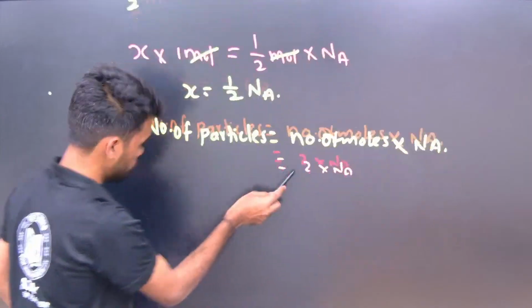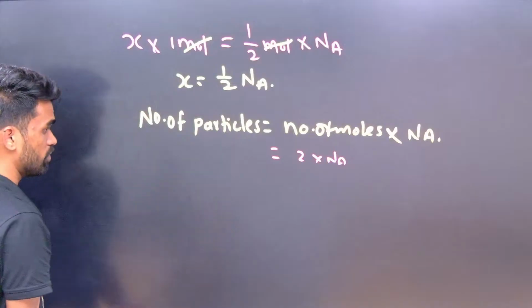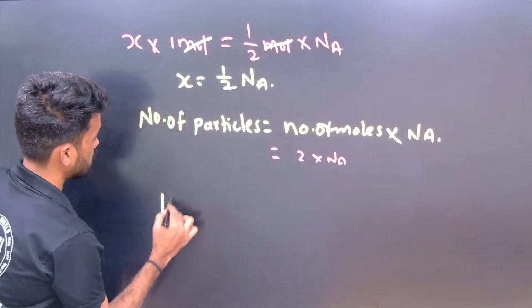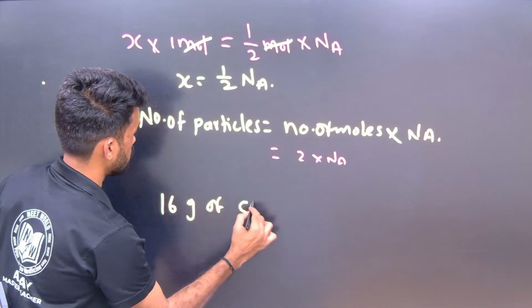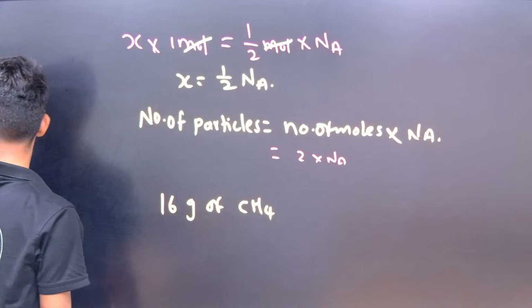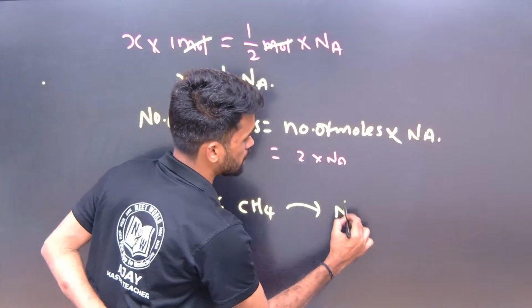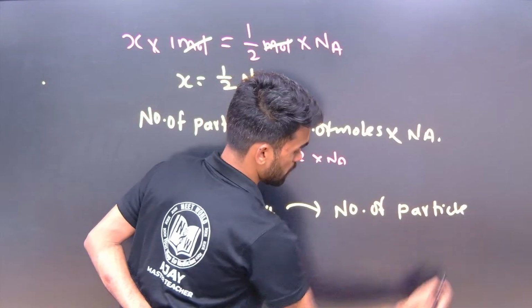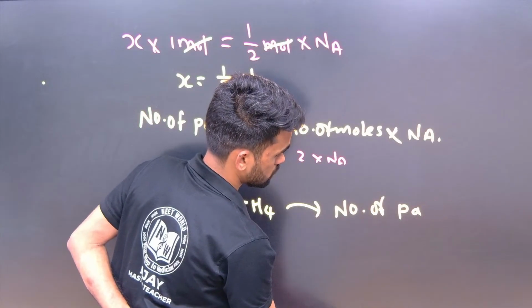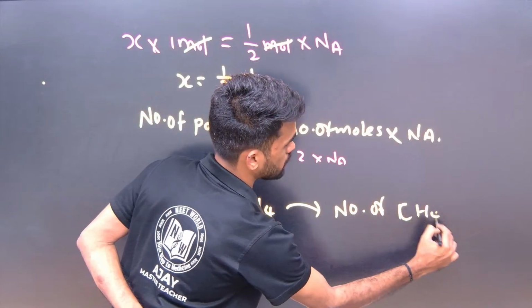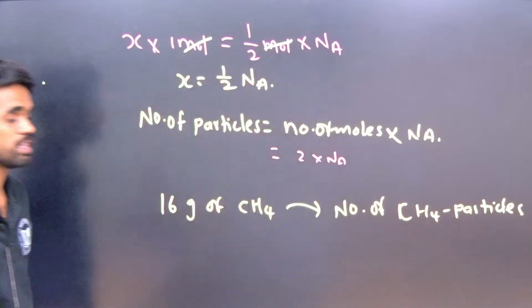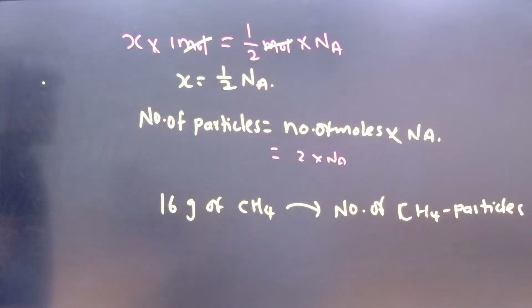Okay, so now I am giving you 16 grams of methane. Tell me the number of methane particles here. 16 grams of methane I am giving.